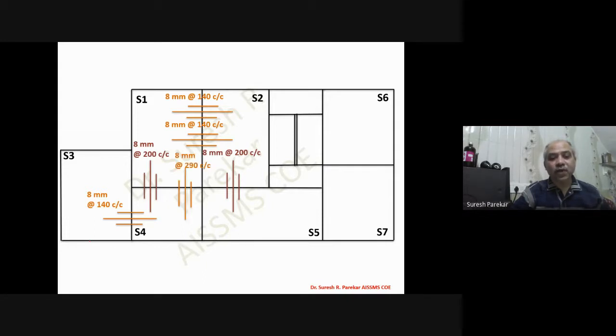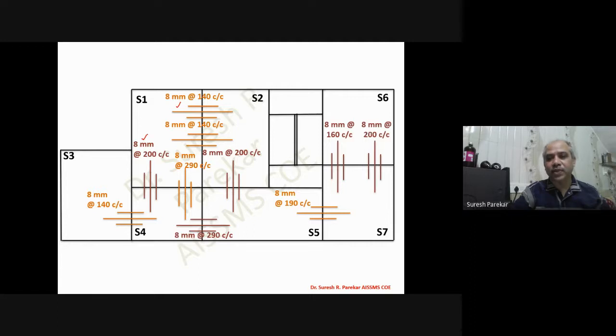Then for S4 we have along short span support reinforcement. Likewise we have shown over here the reinforcement along supports. This color shows along the short direction, and this color shows along the long direction. So likewise you mention all the reinforcements at supports.